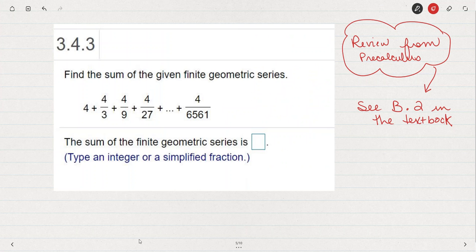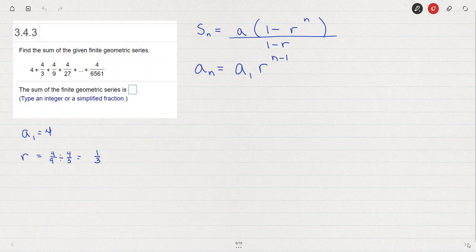Let me take you to the notebook here, and we'll work through this problem together. The first step is to pull out the formulas that we're going to need. We could use these two formulas, the sum of the geometric sequence and the nth term of a geometric sequence, for almost any of the different questions you might come across using a geometric series.